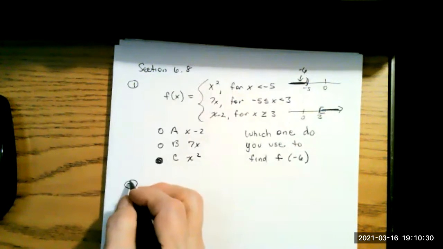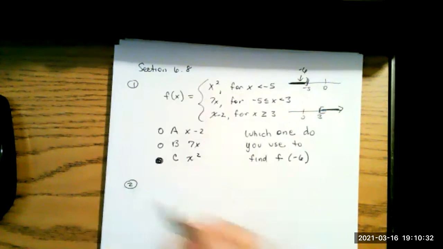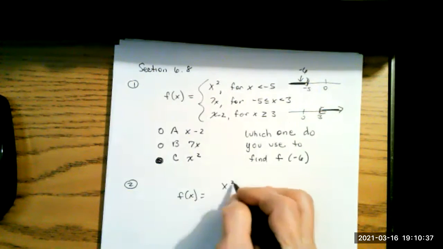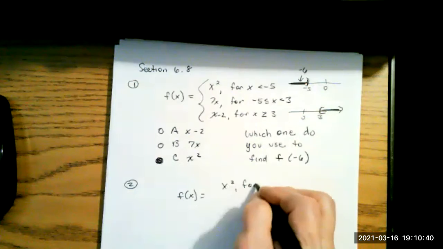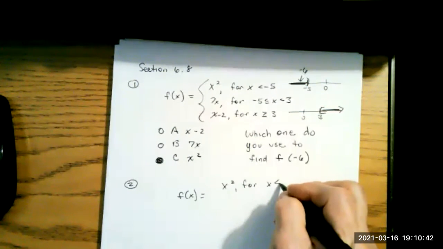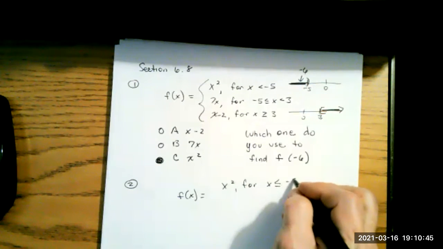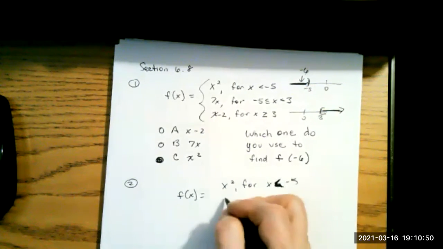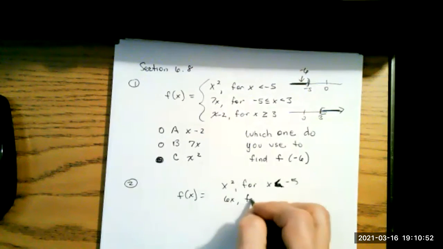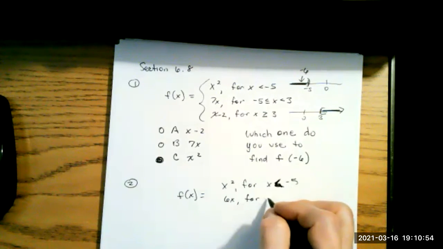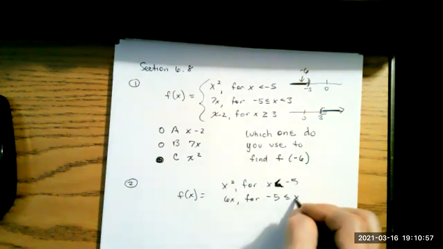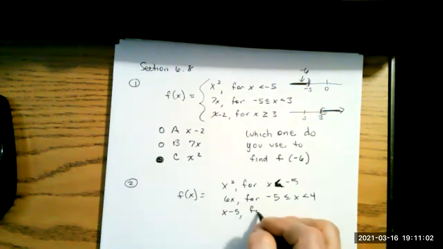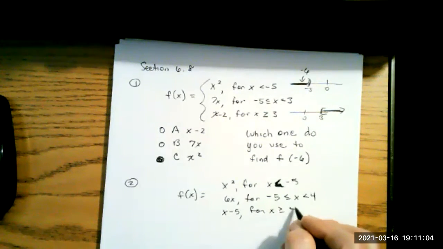Okay, let's try number 2. They give you a different one. F of x equals x squared for x less than -5, 6x for -5 less than or equal to x less than 4, and x minus 5 for x greater than or equal to 4.